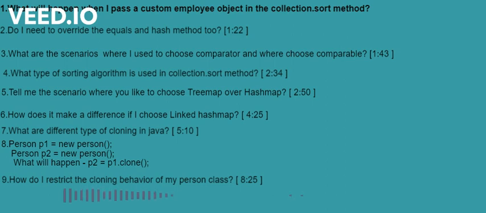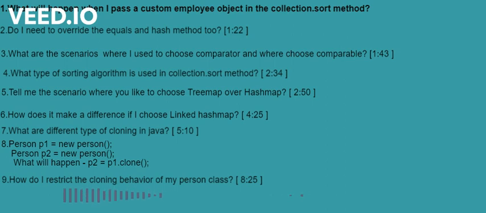The clone method is there, but cloning is a concept which is not allowed by default for security purposes. To make it allowed, the developer has to implement the Cloneable interface in that class. Otherwise, anyone could clone the class without the knowledge of the developer, and that wouldn't be a secure thing.